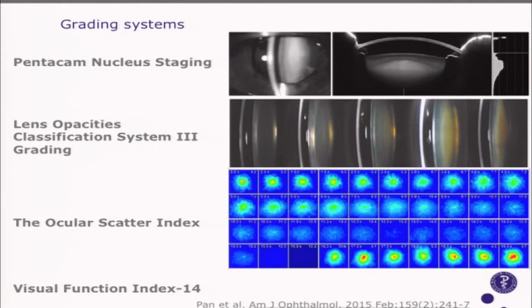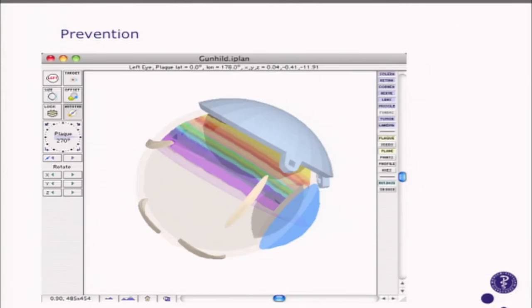There are staging systems already for staging cataract, and this paper just shows that there's no actual difference between the staging systems, but we don't know which staging system is actually beneficial for staging radiation cataract. And does it all make any sense if we can prevent it? Is it possible to plan your dosage so the lens will be spared?